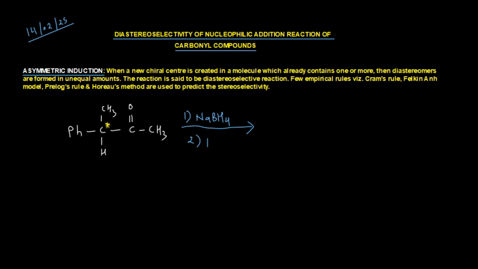So protic workup, I am writing protic workup, that means reaction with dilute acid. So what will happen in that case? You will get this particular product: Ph, carbon with CH3 over here, and hydrogen is here, and this oxygen will convert into the alcohol, and one of the hydrogens will come here, and this is the CH3.